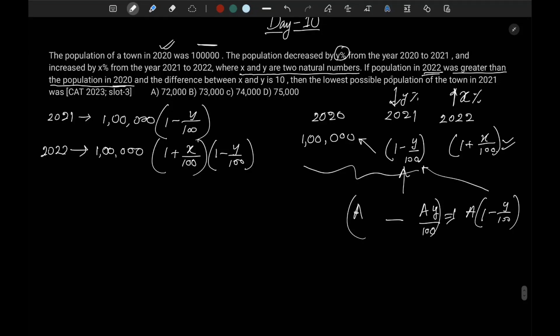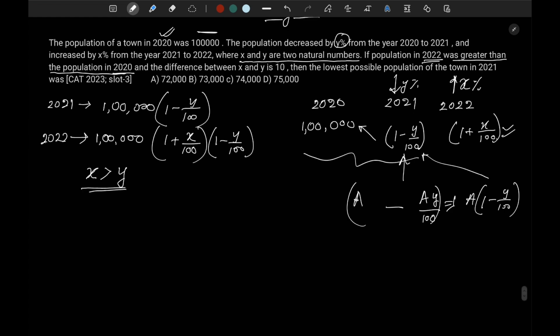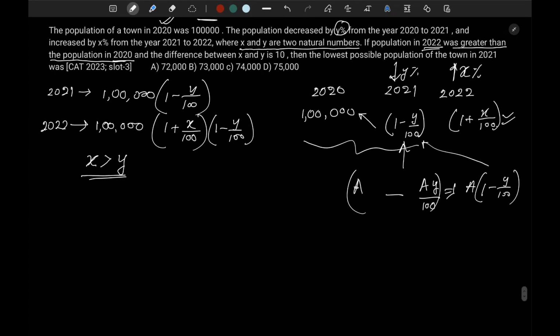Now, what do we mean when we say that the population of 2022 was greater than the population of 2020? It means that x is greater than y. Why am I saying this? Let's understand this by an example. Suppose in 2020 we had a population of 100. Now in 2021 it went down by, let's say, 20%.